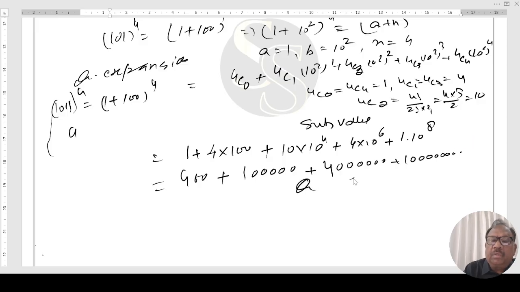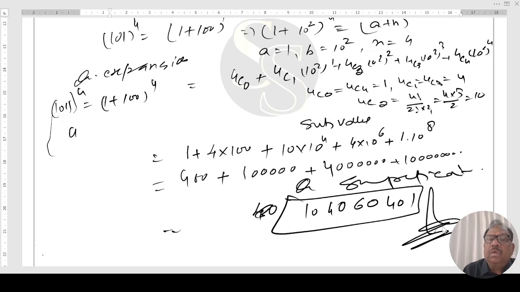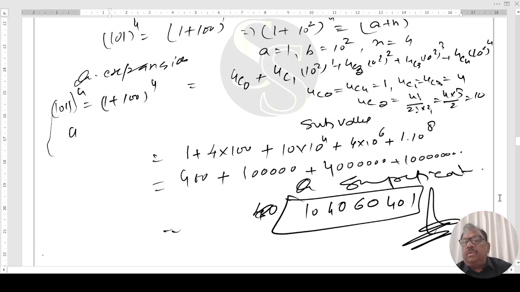On simplification, calculation आप कर लीजिए. On simplification we get 4 0 6 0 4 0 1. This is the answer, right? Next question.